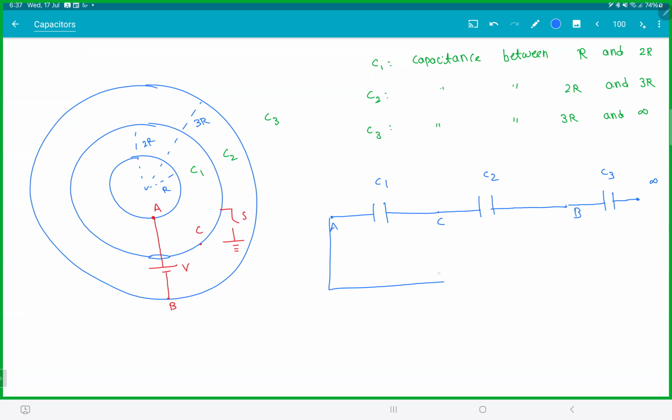But the battery is connected between A and B. So this is kind of useless. There is a capacitor, but it doesn't work. Both of them are in series. So find C equivalent and finish it off.